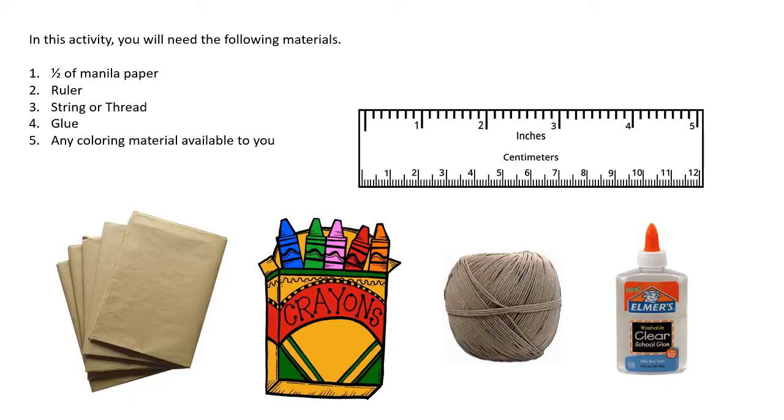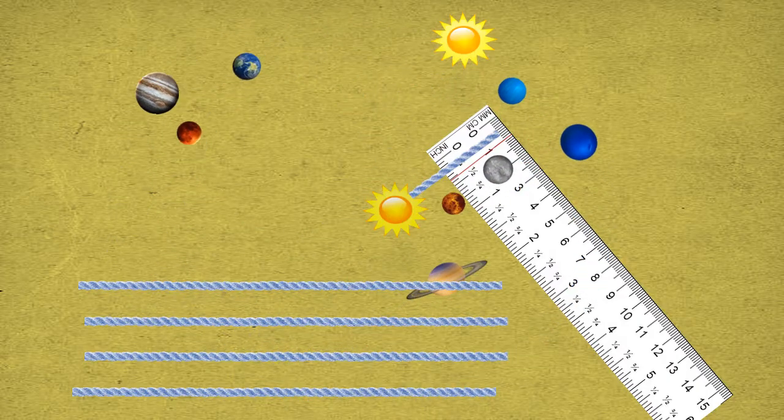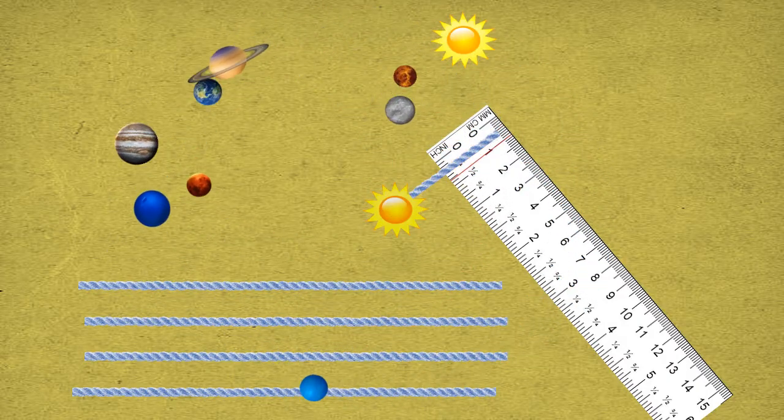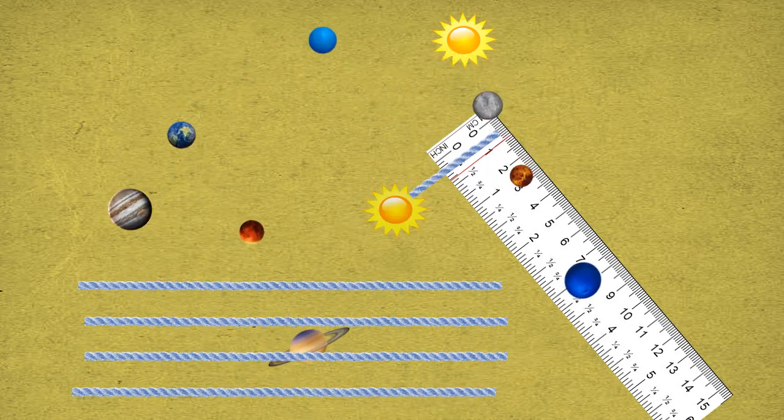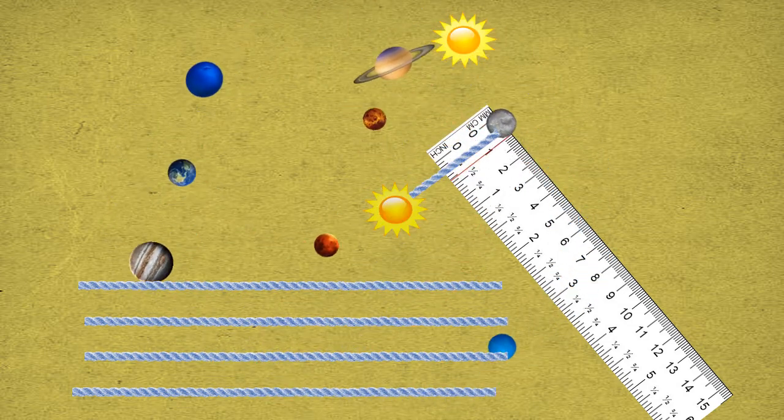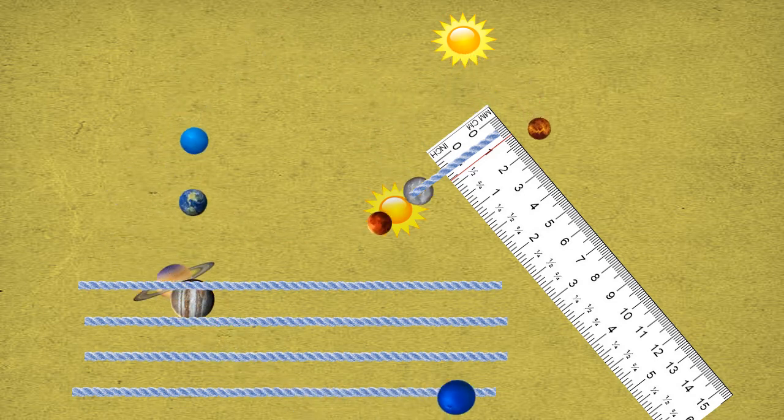In this activity, you will need the following materials. Number 1, 1/2 of Manila paper, 2, ruler, 3, string or thread, 4, glue, 5, any coloring materials available to you. So you have seen those materials in the picture. You are going to use those materials in constructing the relative sizes and distance of planets from the sun.